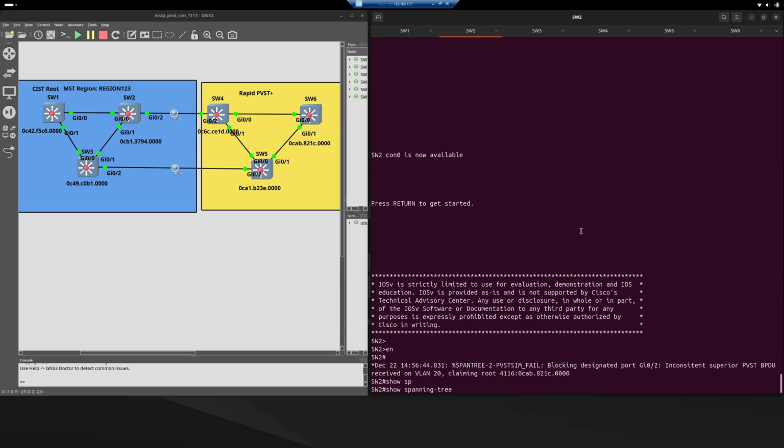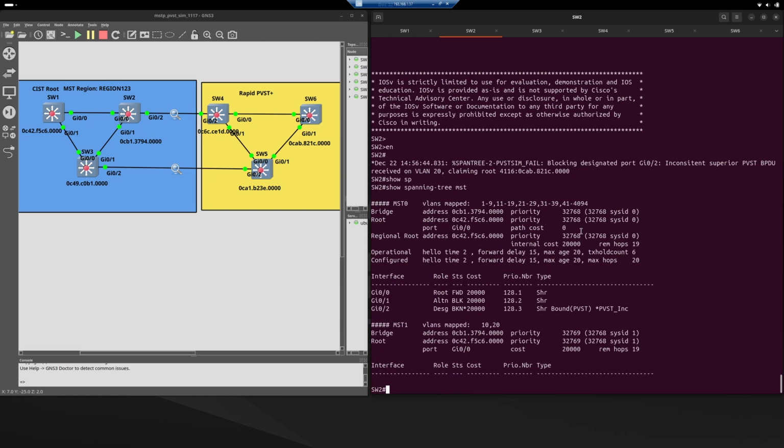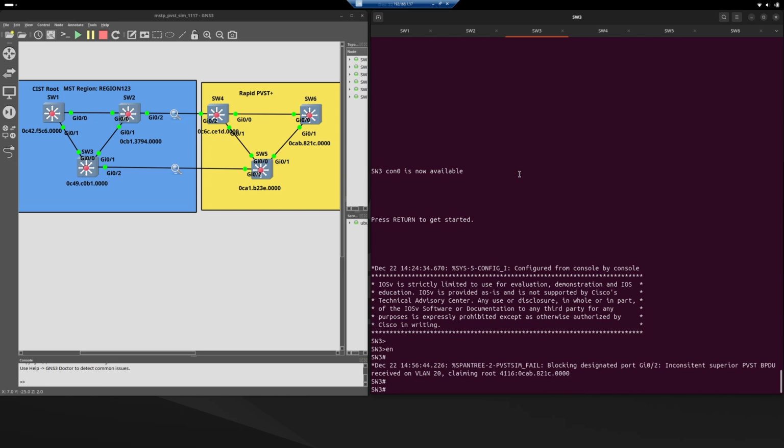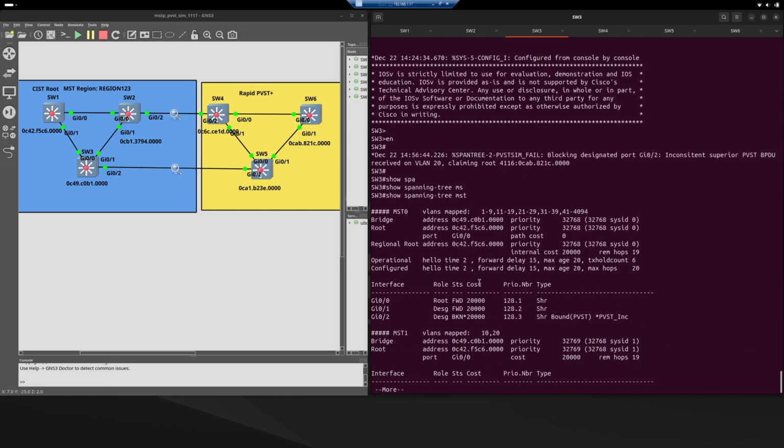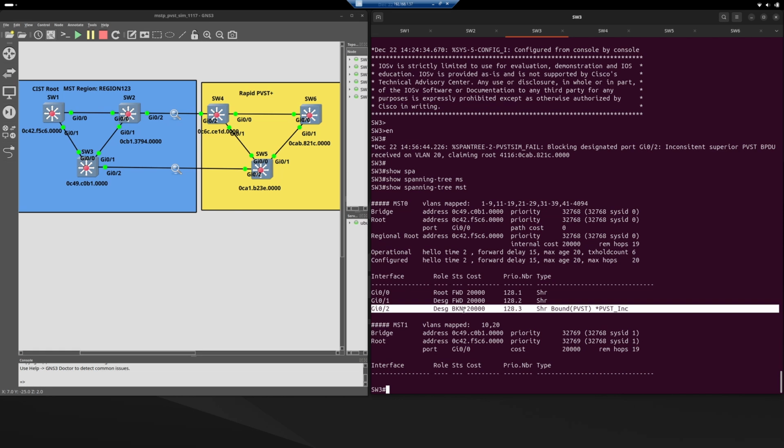Show spanning-tree mst, and the state of the boundary port is now broken on both switches. The description indicates that we have received an inconsistent BPDU.